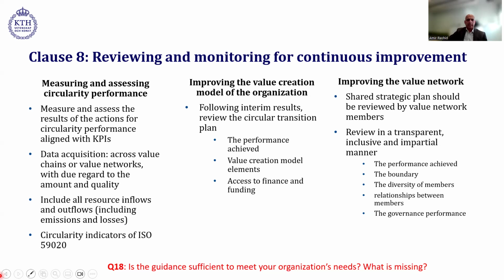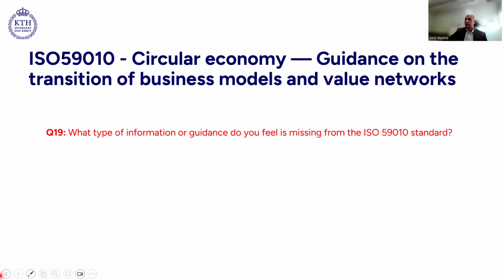Depending on if we are working within the bounds of the organization or beyond the bounds of the organization, it will again depend on our scope. For measuring and assessing, you will have to define the KPIs, and those KPIs will again be referred to ISO 59020 for their definition. So I think that was the last slide.